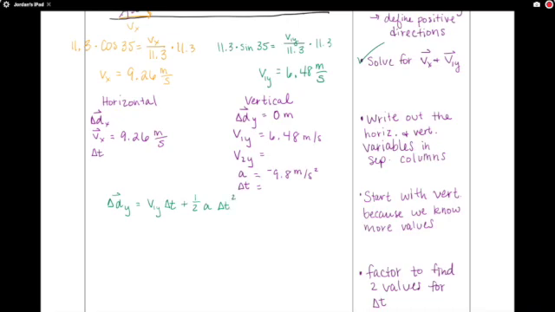So our delta y is 0 equals our V1y, 6.48, times t, plus 1/2 negative 9.8 t squared.